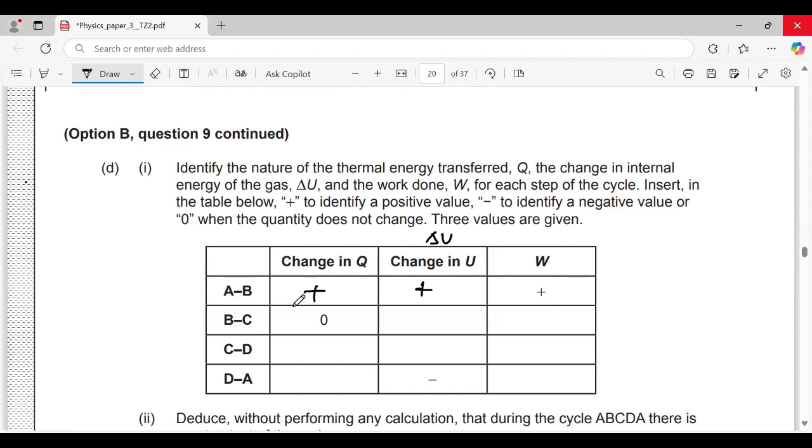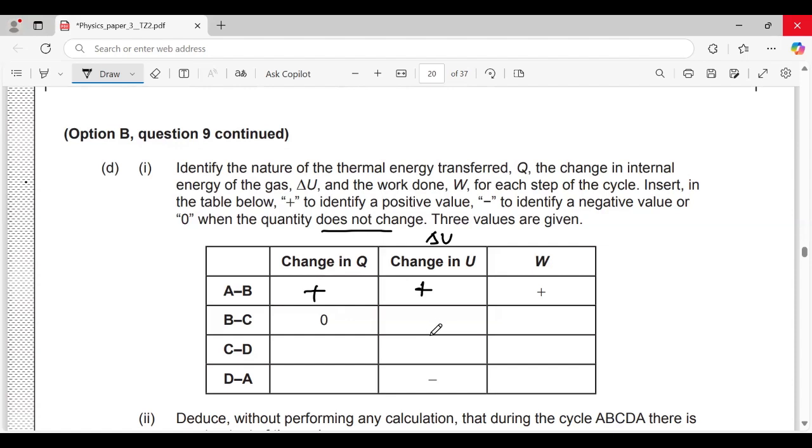Next, the second column, or the second process, is the adiabatic compression from B to C. Change in Q, or thermal energy transferred Q equal 0. Equal 0, it means does not change. Next, we move to the change in U or delta U, change in internal energy.